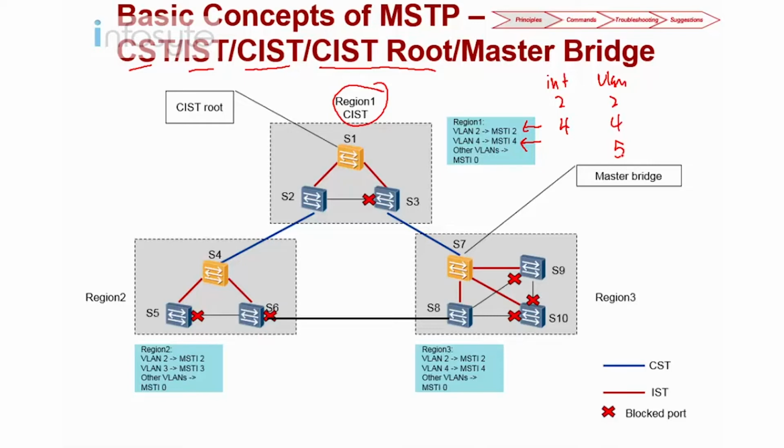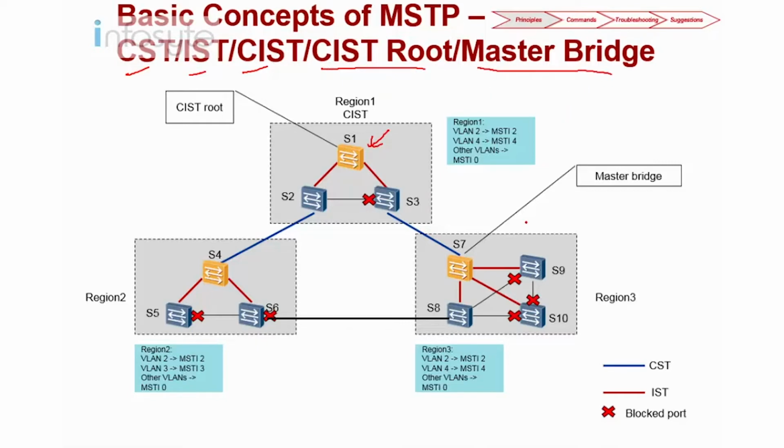If you never do any configuration, by default this VLAN 5 will go into instance 0, and that instance 0 will become your IST, the internal spanning tree. So here we already know what the common spanning tree and the common and internal spanning tree are. We also looked into the root, and next we look into the master bridge.